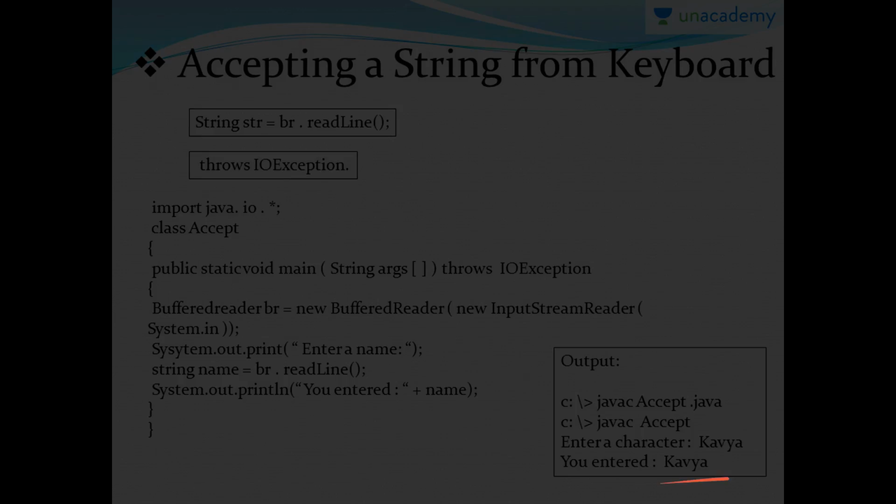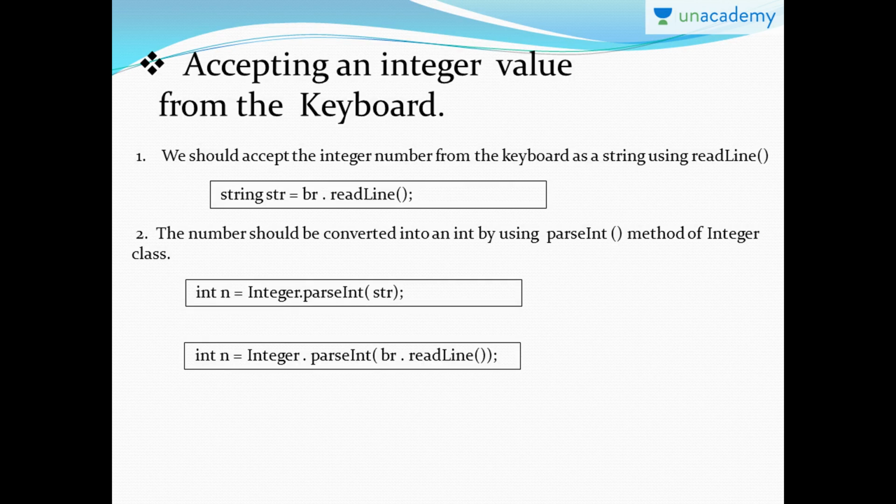All right. When you come to accepting integer values from the keyboard, we again use the readLine method. String str = br.readLine(). This is actually for a string. Now we want integer values, so we use int, then Integer.parseInt(str).